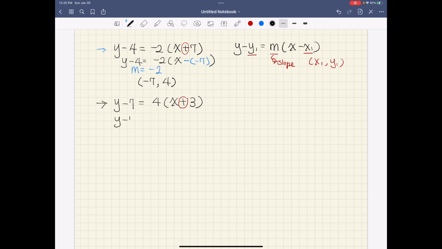Y minus 7 is equal to 4 times x minus, then that should be negative 3. So the slope will be 4, and the point is negative 3 and 7.